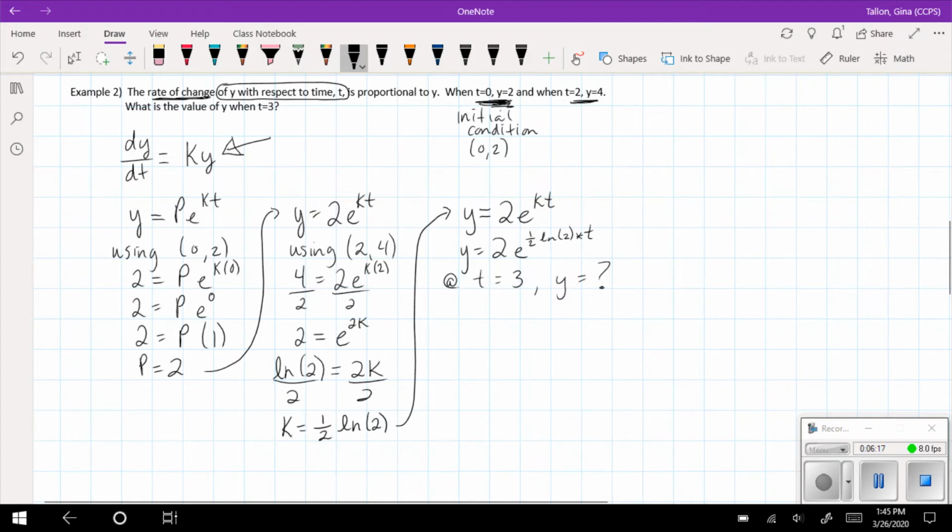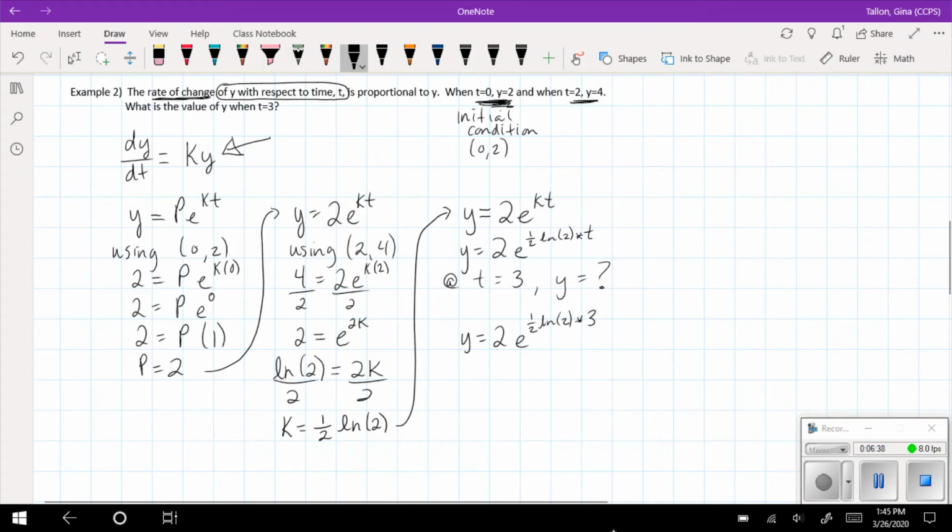That's my question now. So I got y equals 2e to the 1/2, and I think I'm going to drop a line just because I got too much mess going on there. y equals 2e^(1/2 natural log of 2 multiplied by 3).